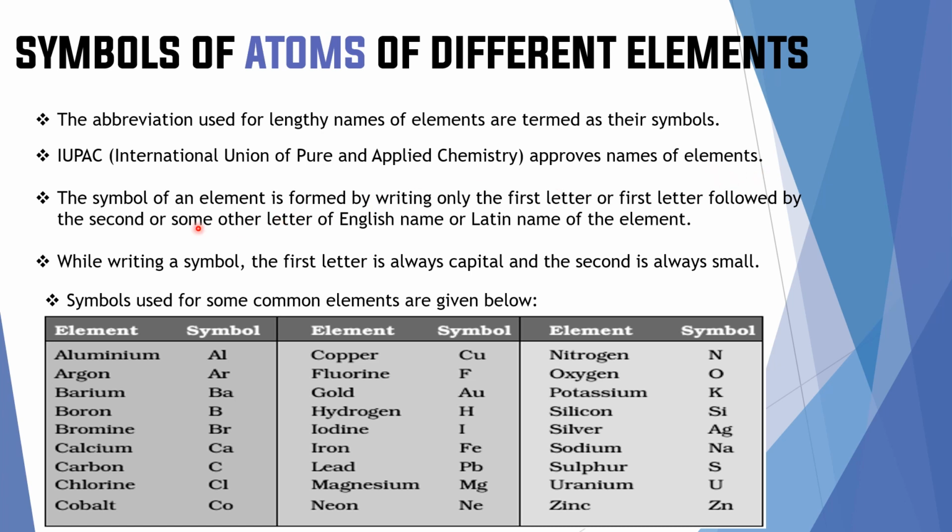The symbol of an element is formed by writing only the first letter, or the first letter followed by the second or some other letter, of the English name or Latin name of the element.